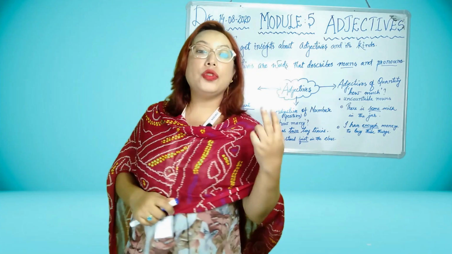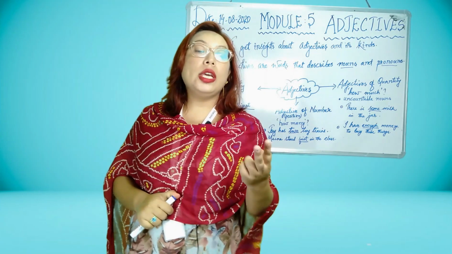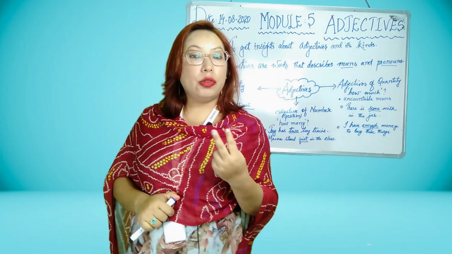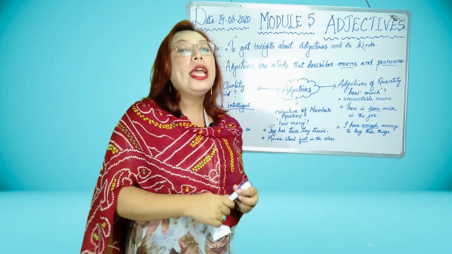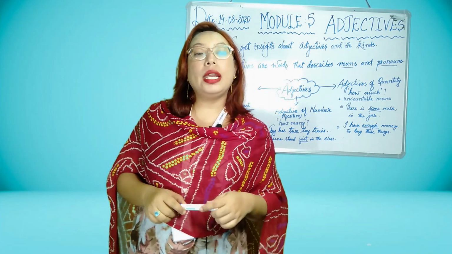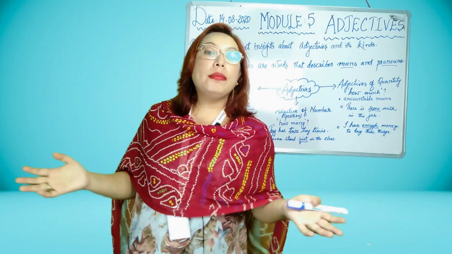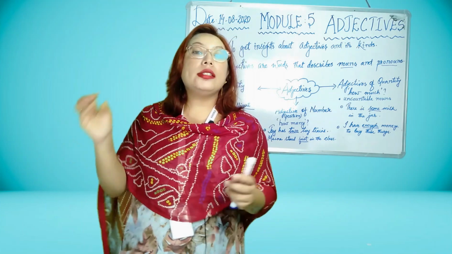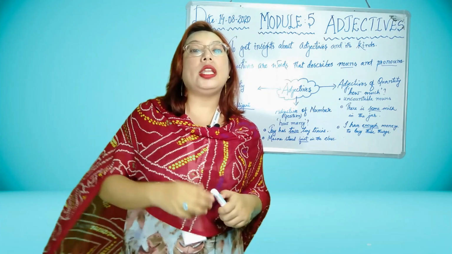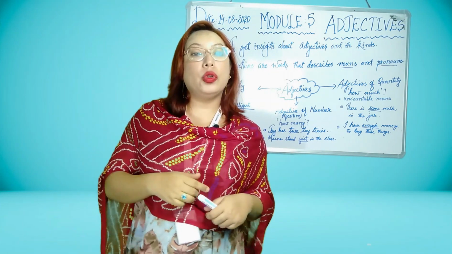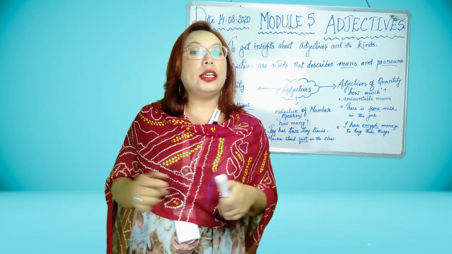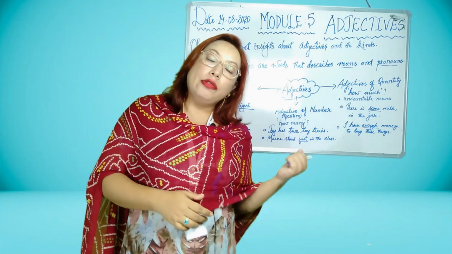If I say I have 2 new dresses, 2 is a specified number digit, right? It's an adjective of what? Adjective of number, right? They have 10 siblings. 10 is what? It is a number. Even the position, that is first, second, third, fourth, all these come under the category of adjective of number.